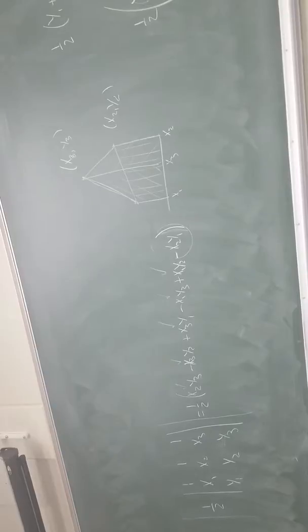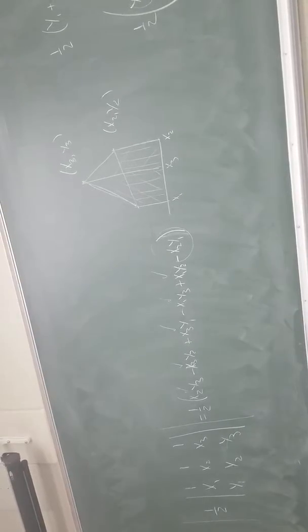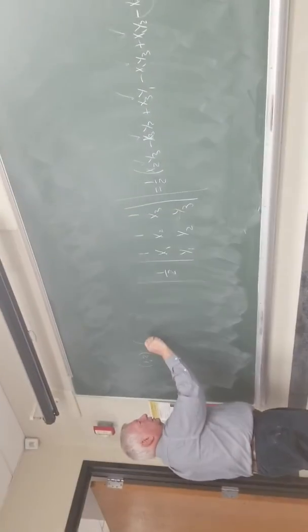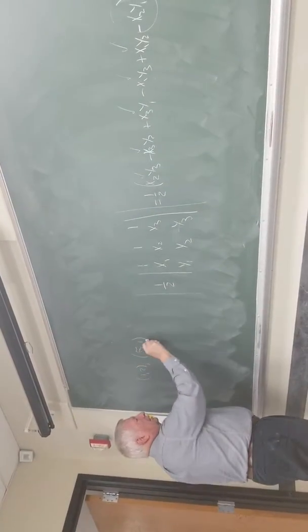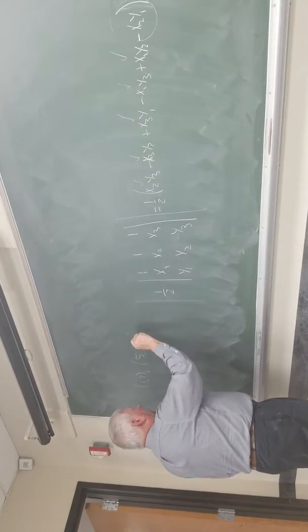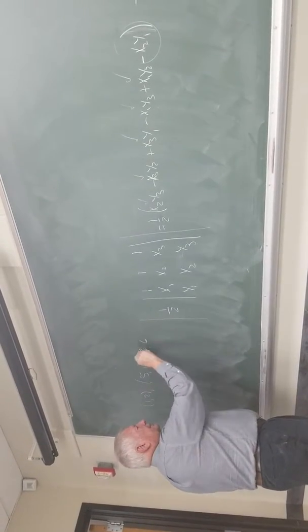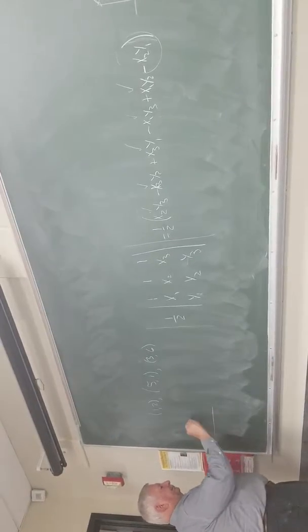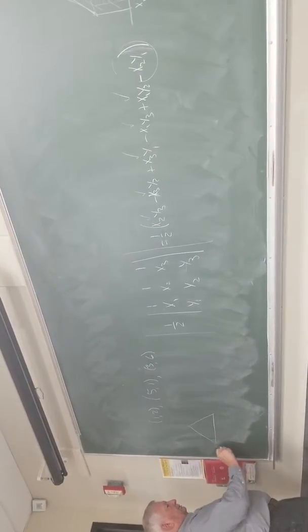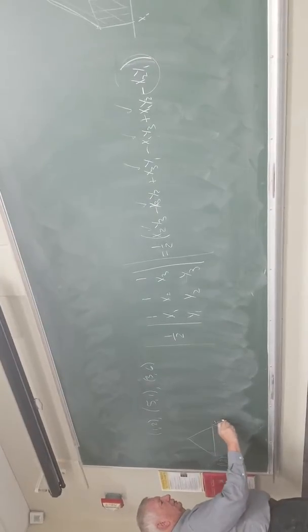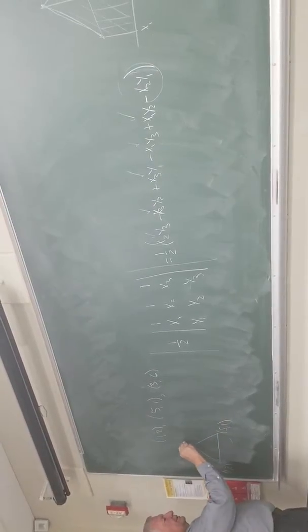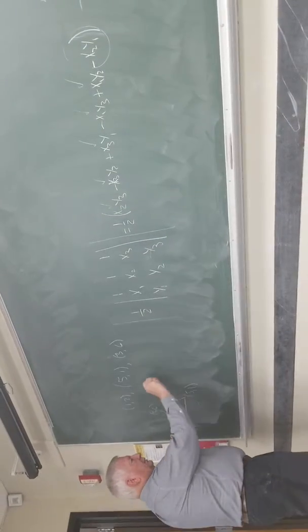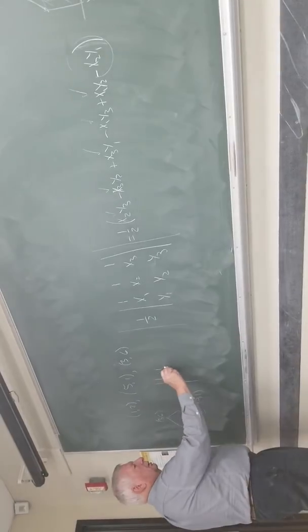Let's just do some points. 1, 2, comma, 5, 1, comma, 3, 6. Okay. So we throw them into this. 1, 1, 1.